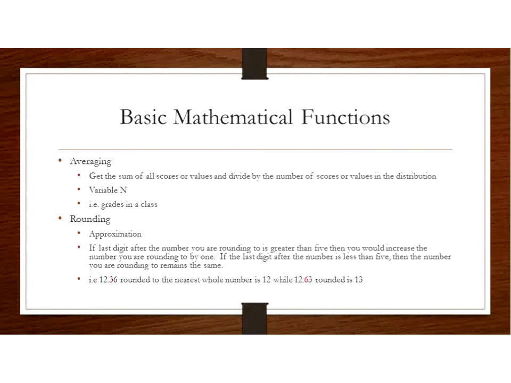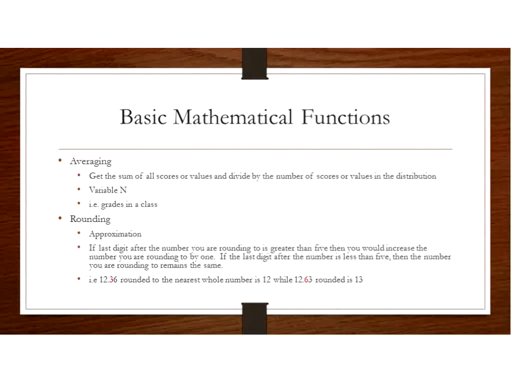Now, you can also do what we call rounding. A lot of times when we are looking at rounding data, we're basically getting an approximation on a total, and usually this is done when we're dealing with decimals. One of the more common ones you will see is to round to the nearest whole number, but you can round to different decimal places, depending on what your needs are for that computation.